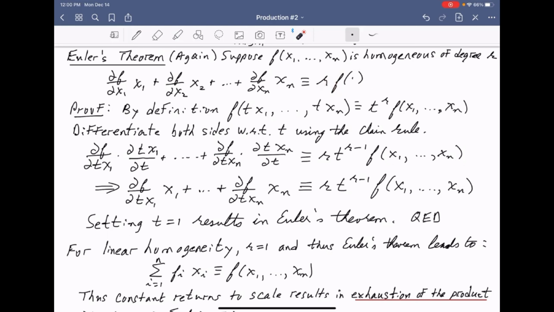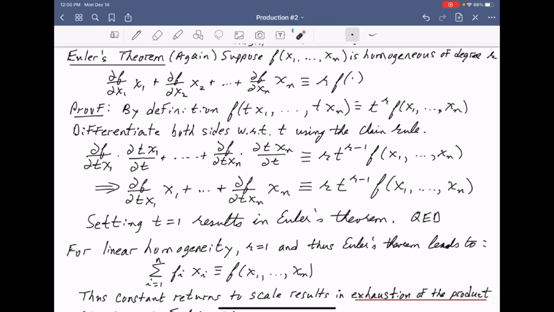So we're going to prove that. By definition, if we multiply each of the inputs by t, then we have t to the power r multiplied by the original production function. So we differentiate both sides with respect to t using the chain rule, and we get these results here.